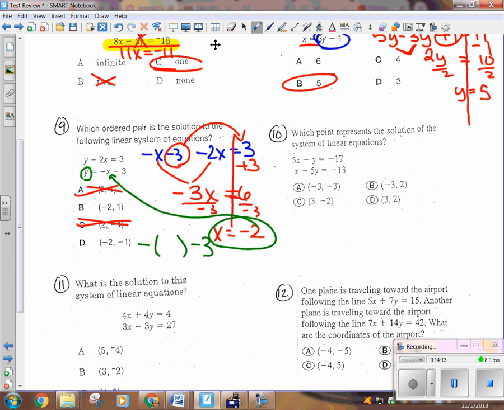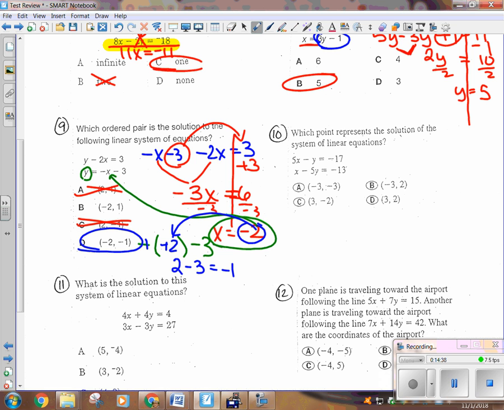So now I'm going to dump the negative 2 in there. So if I dump negative 2 in there, I end up with a negative of a negative. Subtract a negative, add a positive. So it ends up being 2 minus 3, and 2 minus 3 is negative 1. So I know the answer is negative 2, negative 1. D is correct.